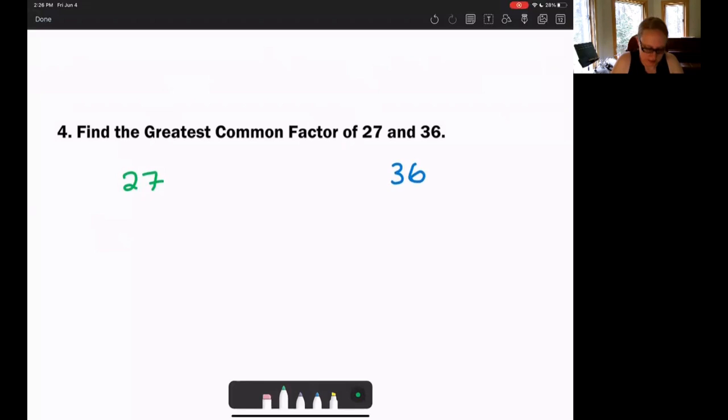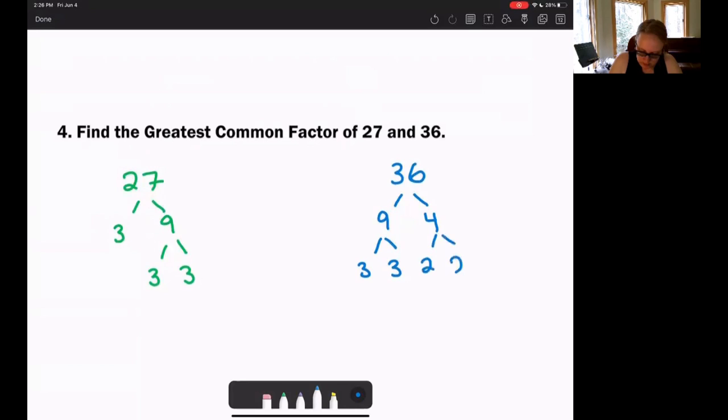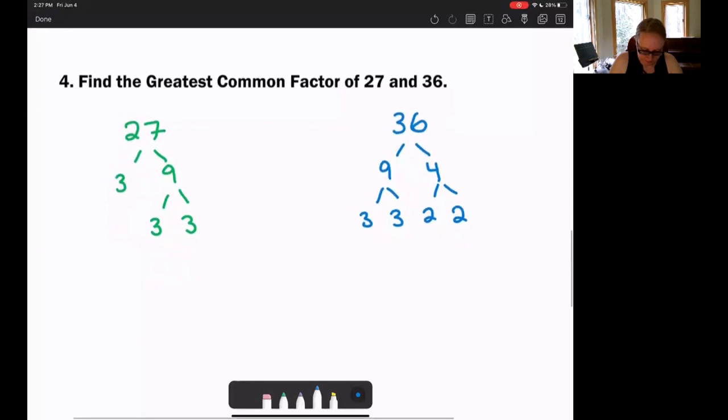So 27 is 3 times 9. And that 9 I can break down into 3 times 3. And now I'm left with just 3's, which is prime. So we're done. 36 is 9 times 4. 9 we can break down to 3 times 3, and 4 is 2 times 2. And now we're left with just 3's and 2's, which are prime numbers, so we're done.